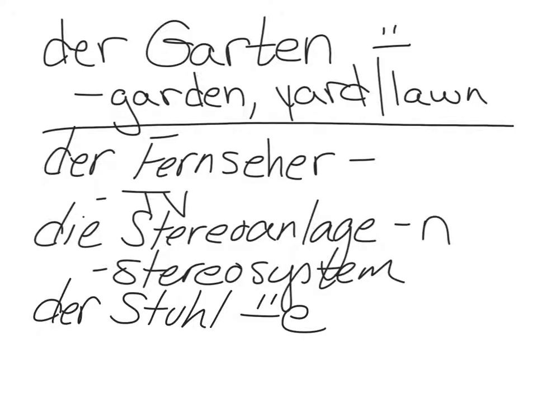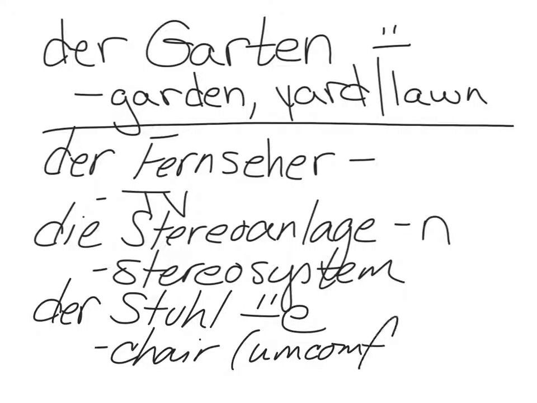Die Stühle. You're getting the comfy chair word today, so I want to make sure you know the difference. I know you've been itching to learn that one since German 1. All right. Moving on.